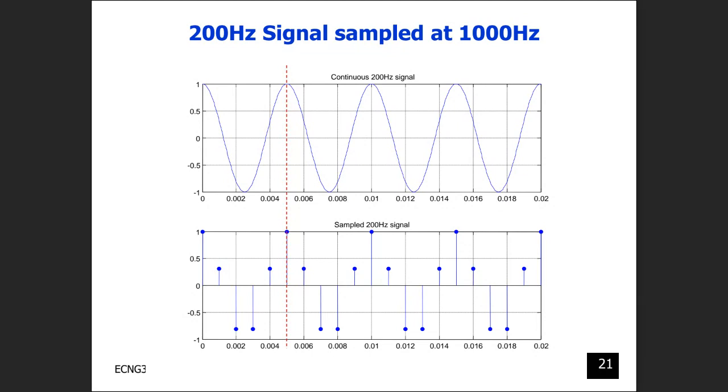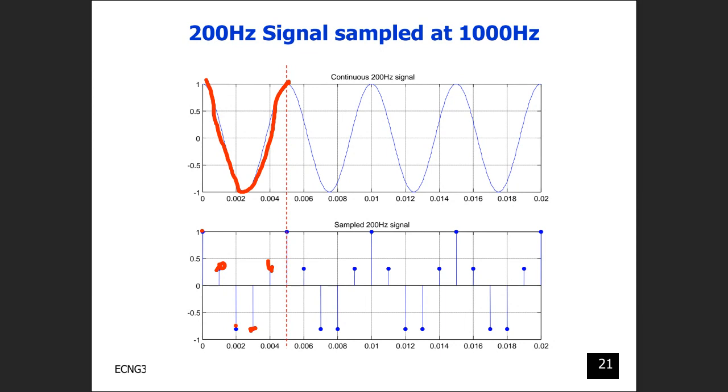And if I sample it at 1,000 hertz, in every period of the 200 hertz signal, how many samples am I going to pick? You have to look at it right here. If you look at the period, one period runs to that dotted line here. So in between a period, I'm taking 1, 2, 3, 4, 5 samples, and then I start back again.